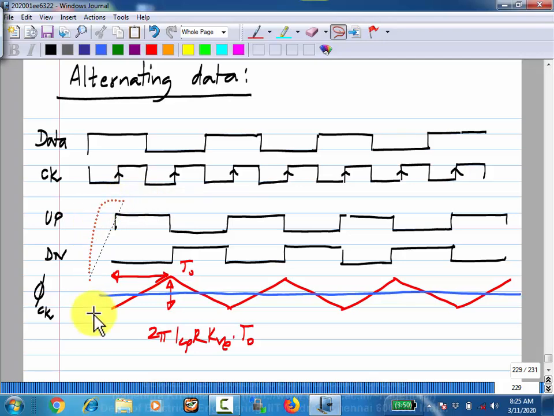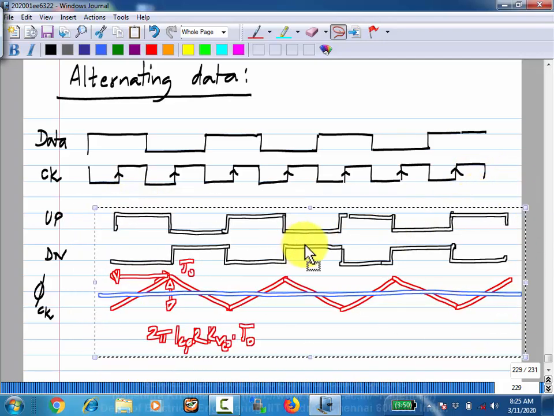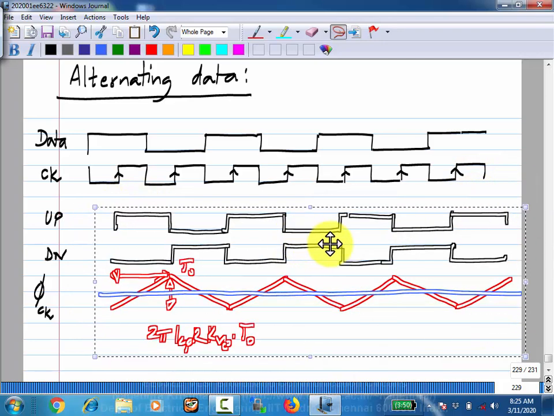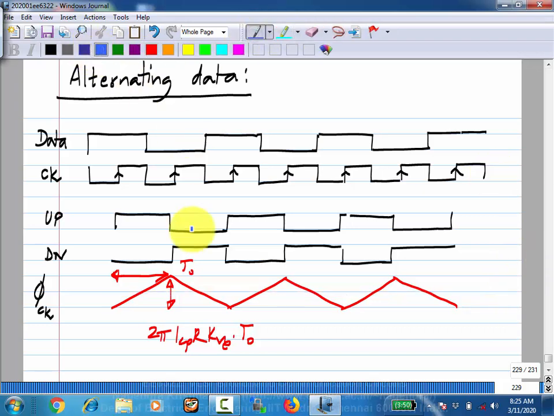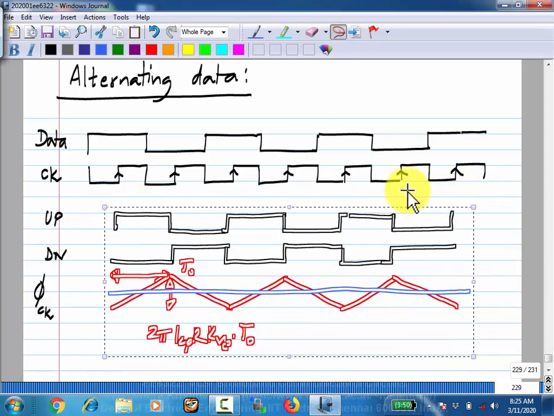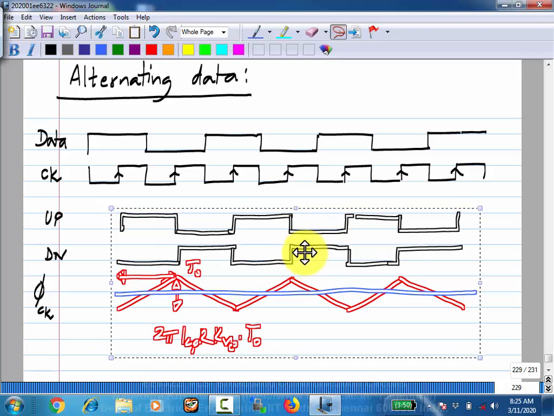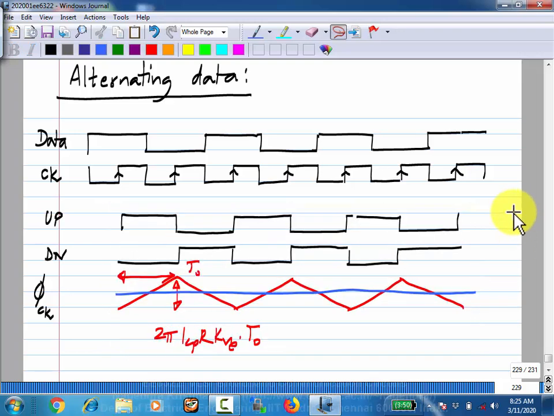So let me move this a little bit more to make it clearer. I'll do it like that.